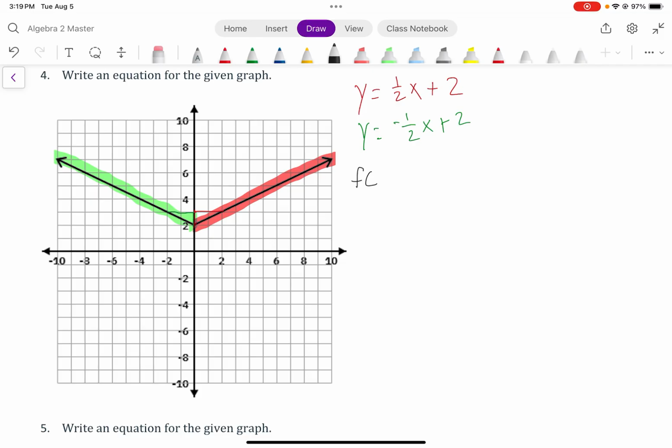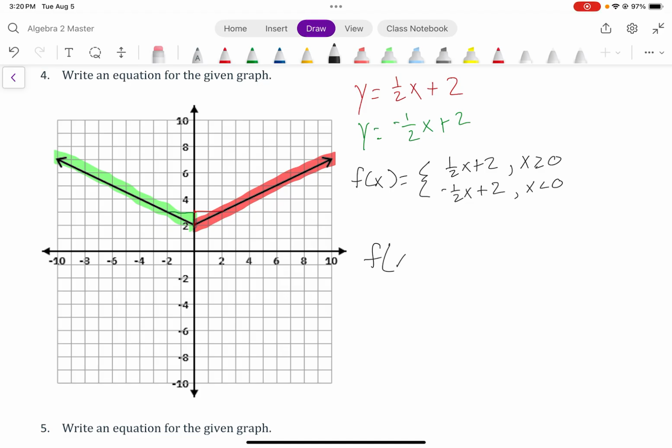This would be written as a piecewise function as those two lines exactly, but having the caveat of x being greater than or equal to 0 and x being less than 0. That's kind of an annoying way to write it. That's where the absolute value notation is very, very helpful.